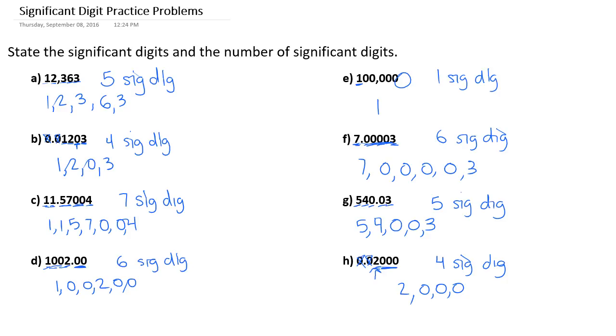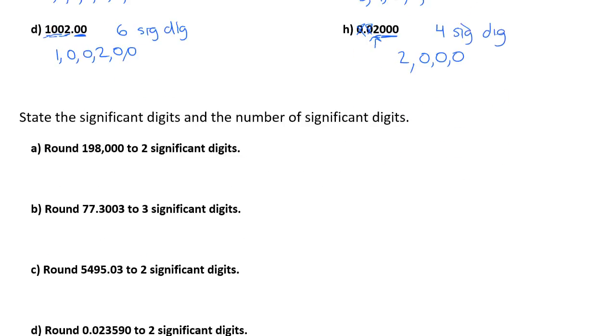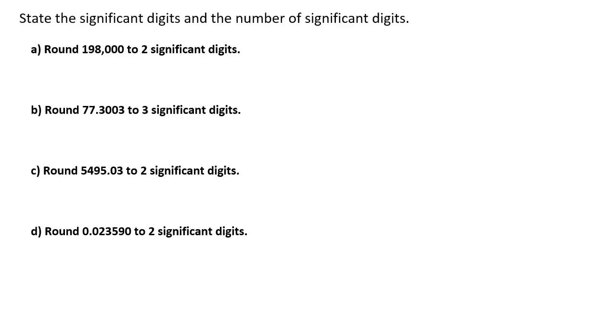Alright, and then to finish off, I want to look at rounding these numbers to the stated number of significant digits, and then I want to state what those significant digits are. So we're going to round 198,000 to 2 significant digits. So we have 1, and then 9 is a significant digit.